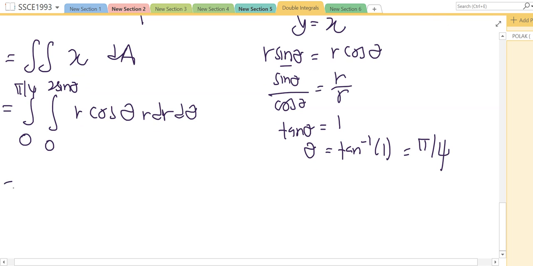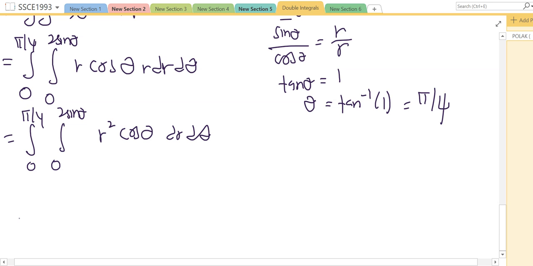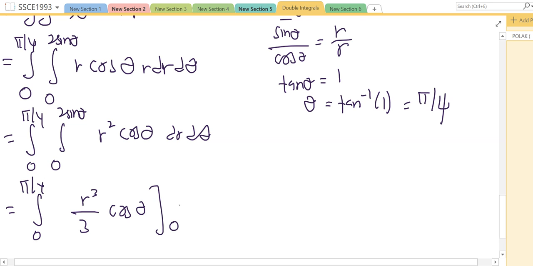Let's rearrange all the terms: we have r squared cos theta dr d theta. Now we integrate with respect to r. We get r to the power of 3 divided by 3, times cos theta, and then we substitute the values of r here.